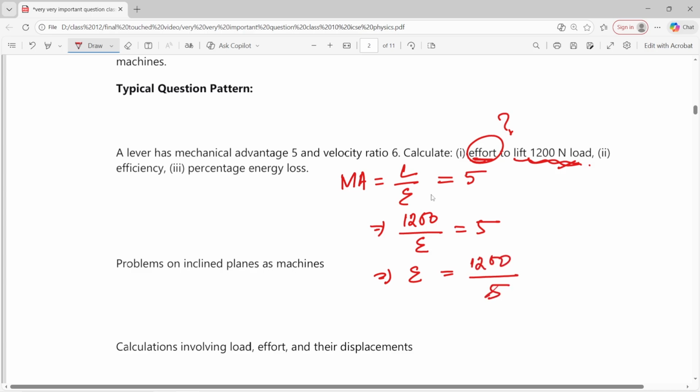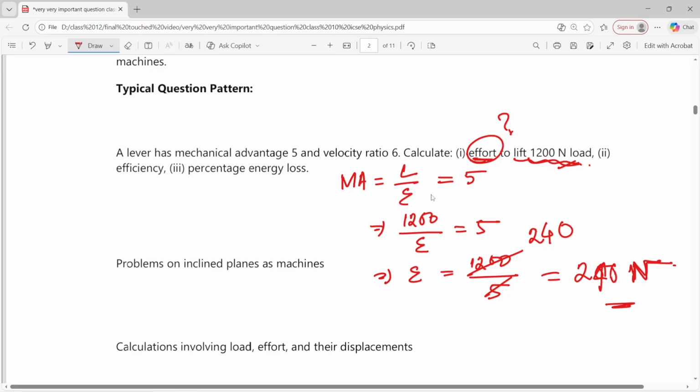Cancelling 5, 10 into 4, 40, that means 240 newton. So the effort is 240 newton, easily calculated.